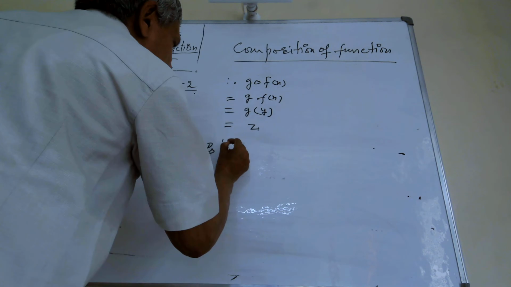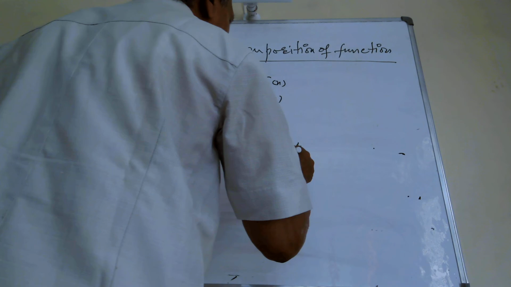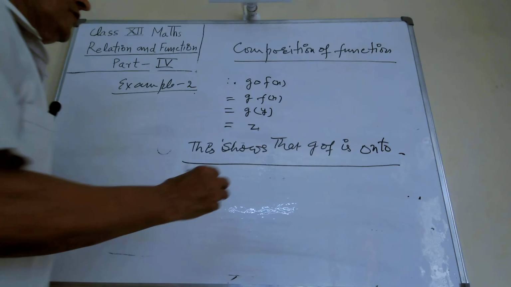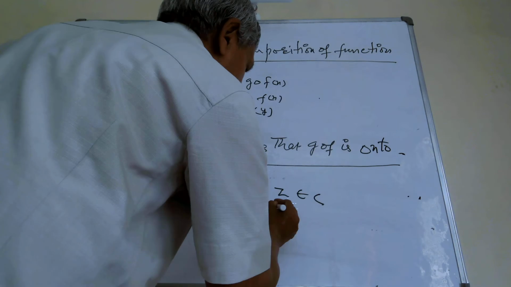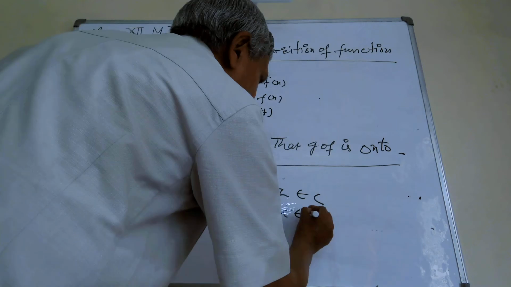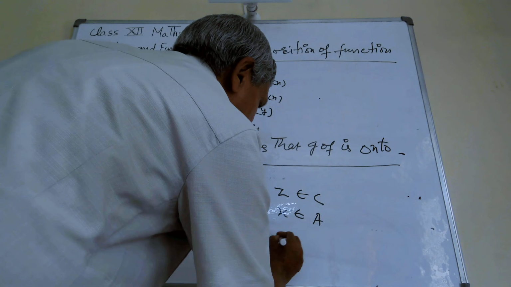This shows that gof is onto, because z belongs to C and x belongs to A under gof.